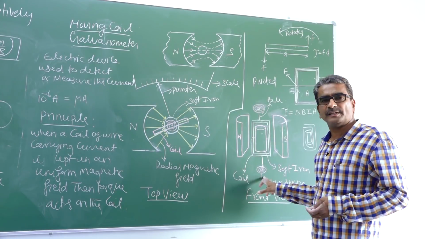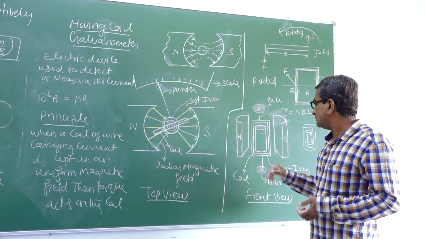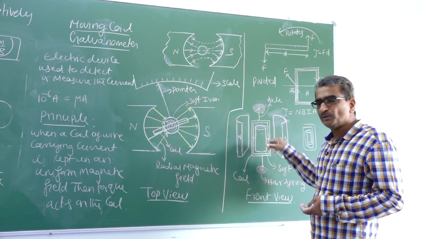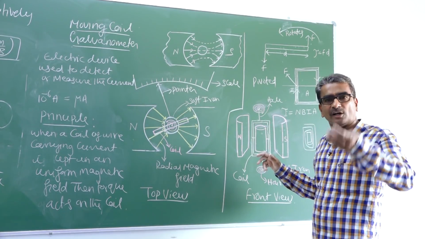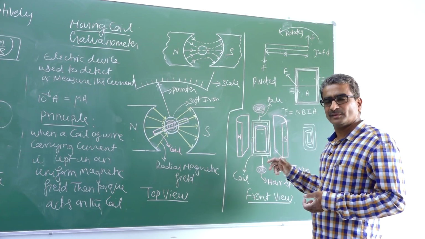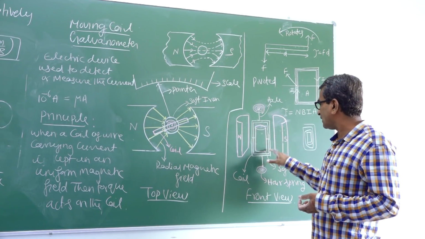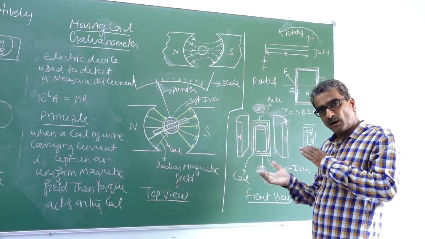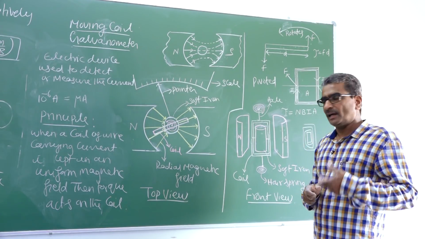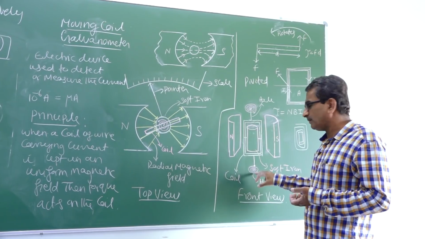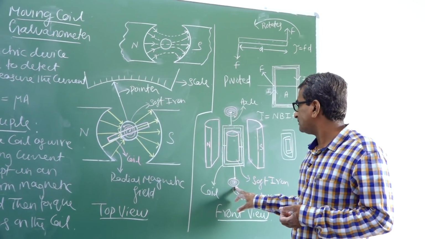The spiral hair springs are provided to produce restoring torque or counter torque. One torque will be produced in the coil because of current. Opposite to that torque, one more torque should be created, and that is done with the help of the spiral hair spring.